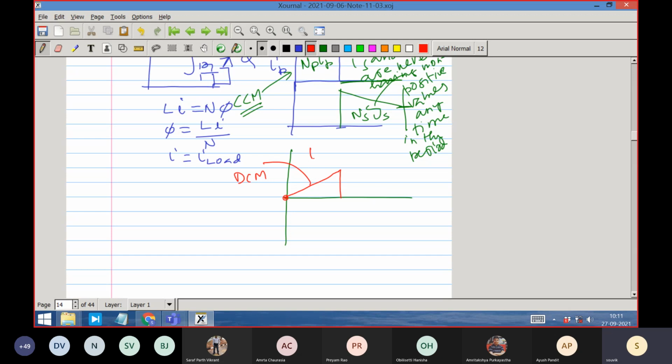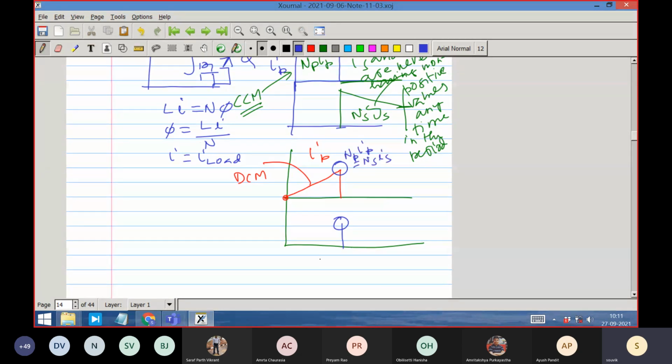This is what is DCM, and in the DCM mode, this is the primary current. And the secondary current will be somewhat here, depending upon N1, I1. This transfer will happen with the equation NP IP is equal to NS IS.